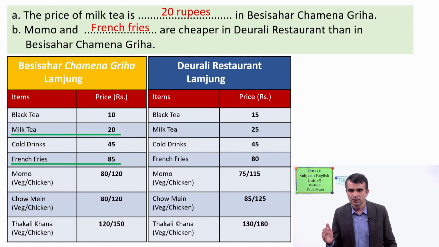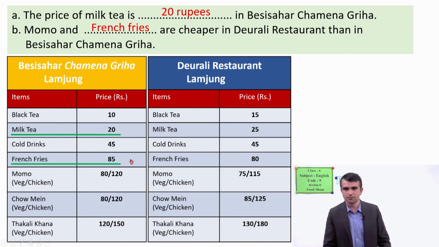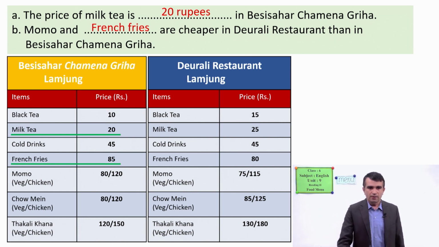Can you say all other items are more expensive in Devrali restaurant? It may not be so, because some items, cold drinks for example, have equal price in the two restaurants. Is it so? Good.